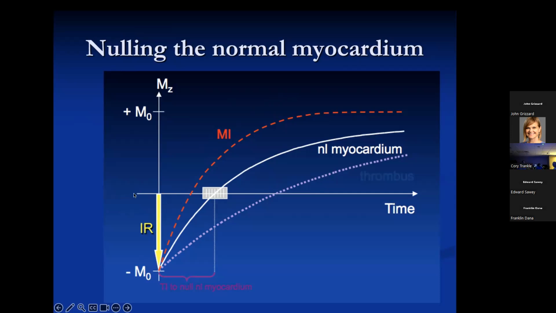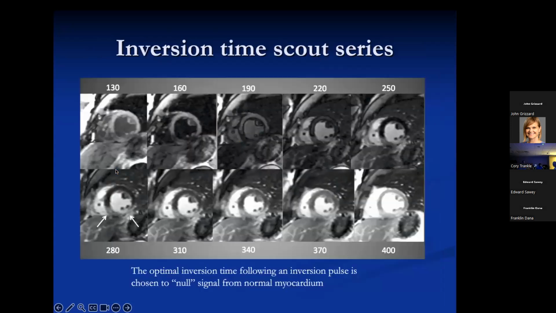And when they're at this point right here, they're at the zero crossing line, and they have no signal. So myocardium will actually go to zero just earlier, right? And it'll recover by the time you image a null normal myocardium. So what you're doing is you're picking this time point to knock out signal from normal myocardium, and infarct will be bright. Paradoxically, in a standard inversion recovery image, so will thrombus, but we'll talk about how we fix that.